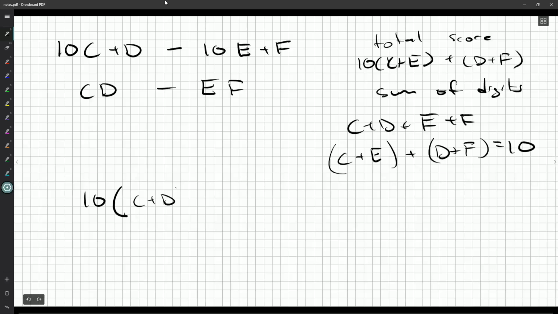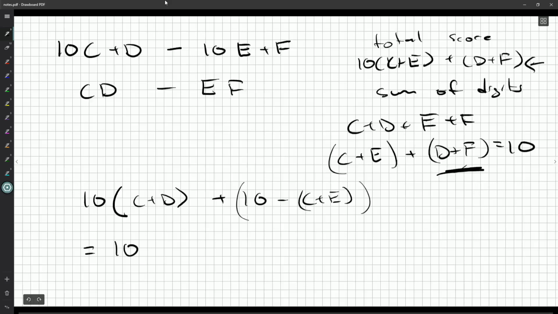So we get C plus D, and then plus 10 minus C plus E. Just rearranging for D plus F and then plugging it back in here. So this would be equal to 10, well, that's not a C, this should be a C plus E. So it should be 9C plus E plus 10 is our total score.